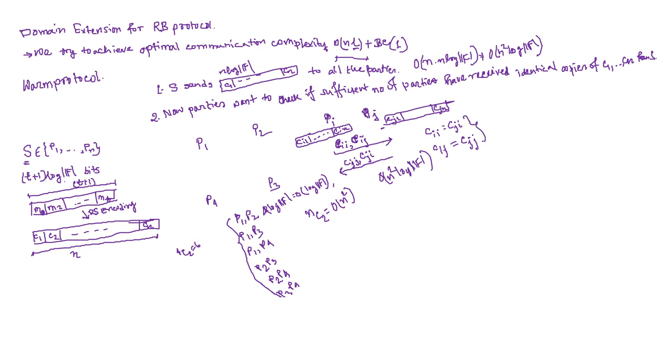So these two equalities get checked, and if both of them are true, then they mark that particular position's response vector to be 1.